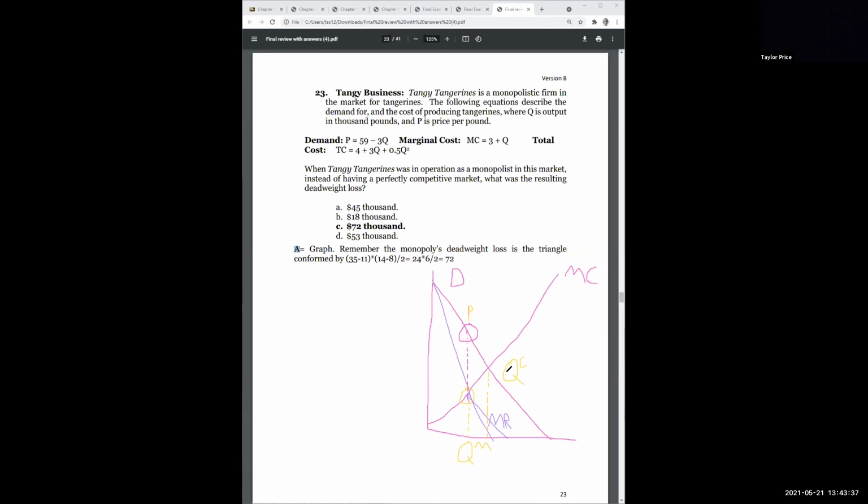And to find QC, you can just set the demand equation equal to the marginal cost equation. And then that'll give you the quantity that you need for that one. Yeah, this one has a lot of pieces that you need to figure out what deadweight loss is.